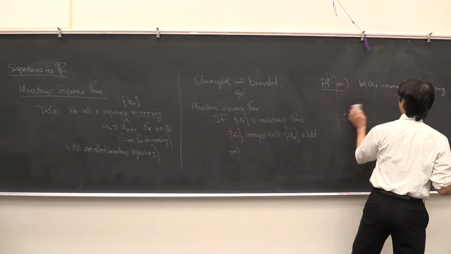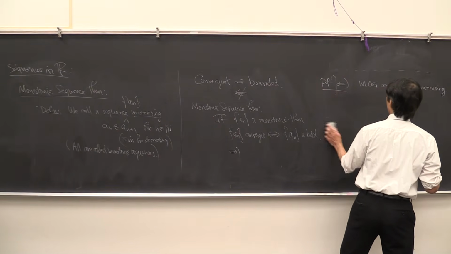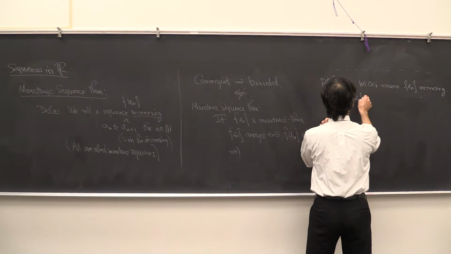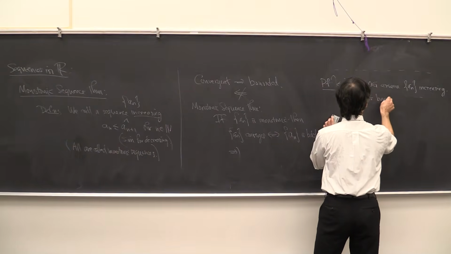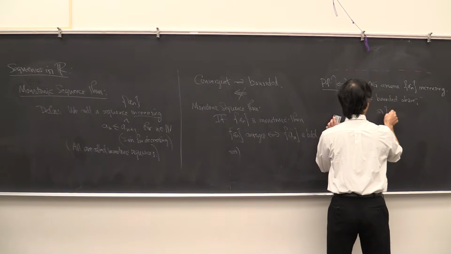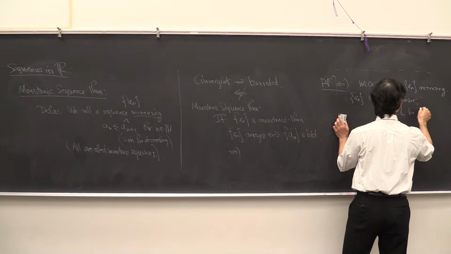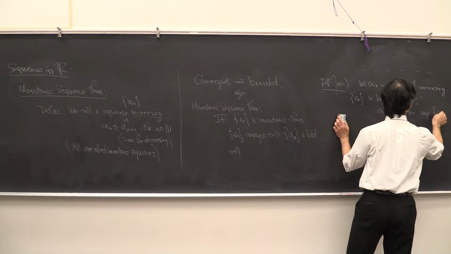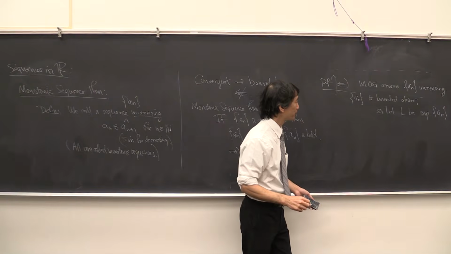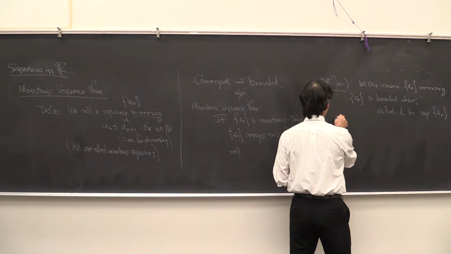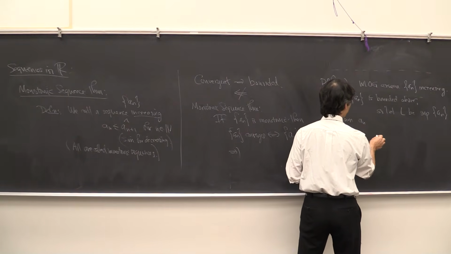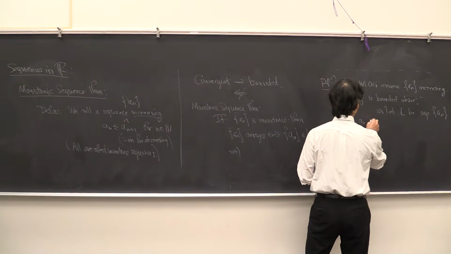So A sub n is bounded above. Let L be the least upper bound of the A sub n, and we claim that A sub n converges to that.